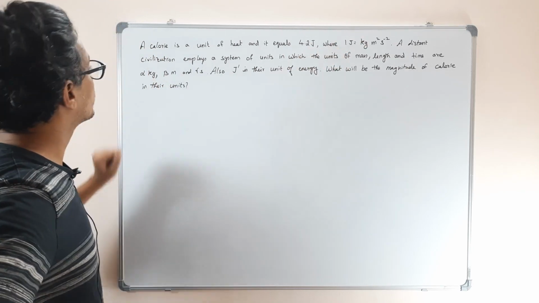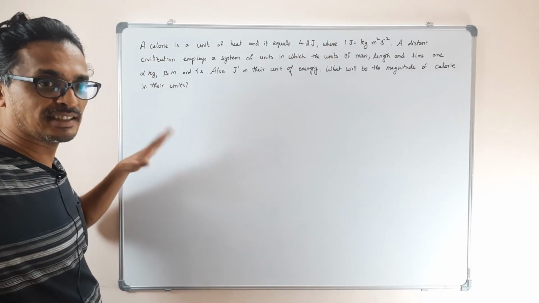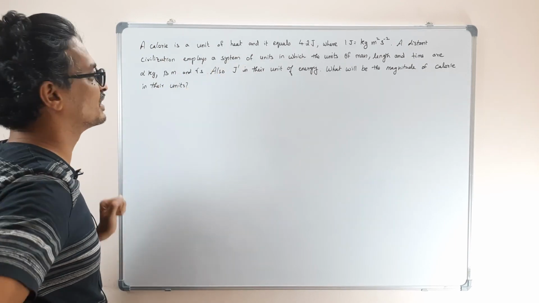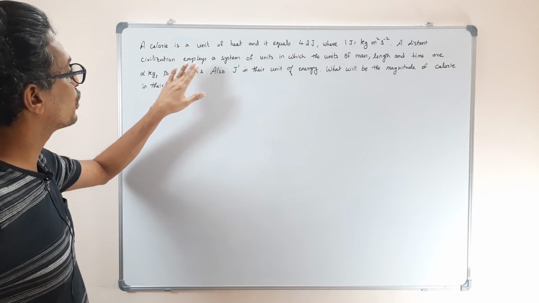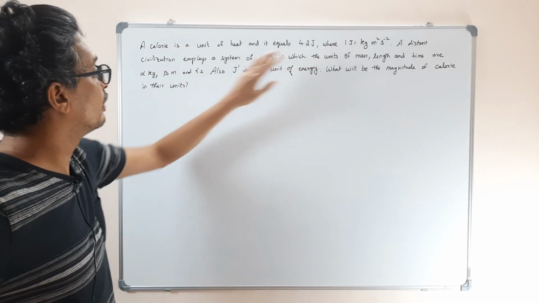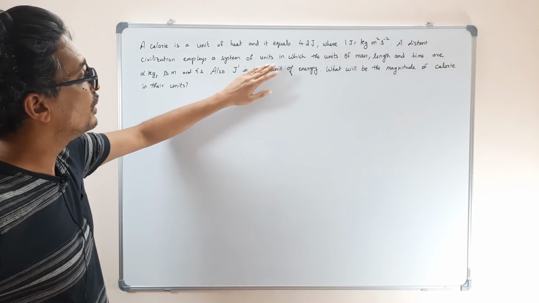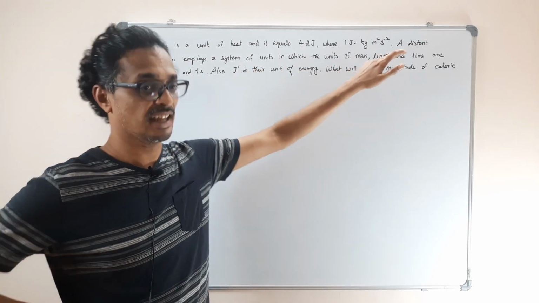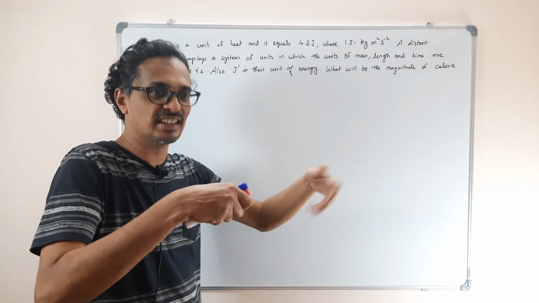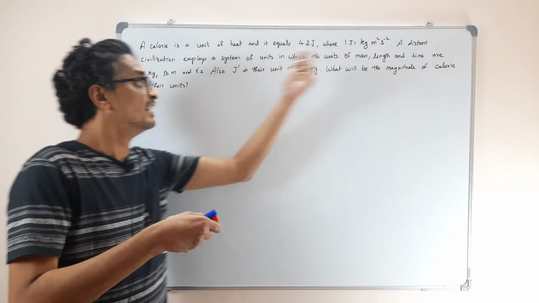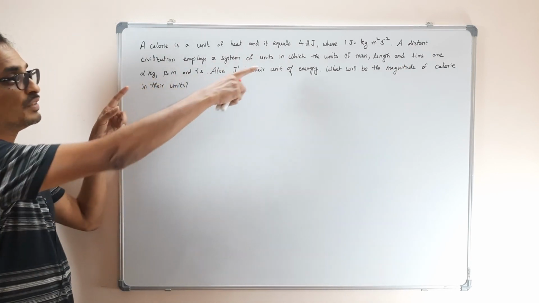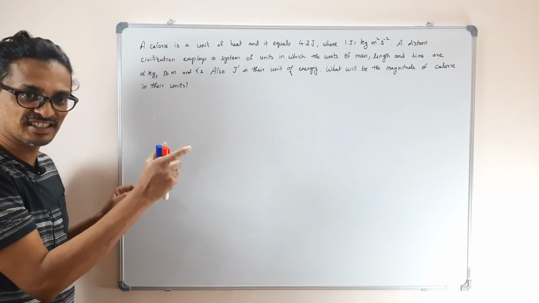A distant civilization employs, if you remember I was saying something about aliens, so they don't want to use the word alien, they are having some distant civilization. A distant civilization employs a system of units in which the units of mass, length and time, when I convert them back into our SI system, their unit of mass is alpha kg.